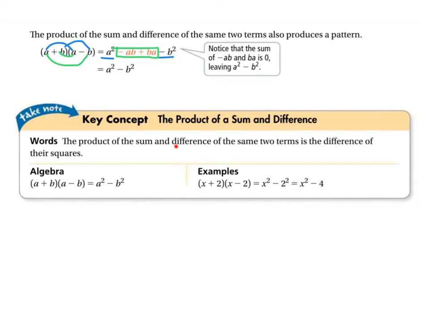The product of the sum and the difference of the same two terms, a and a, b and b, just one's being added, so it's a sum, and one's being subtracted, so it's a difference, is the difference of their squares. You square this term, 8x squared. You square this term, 4. And it's subtraction in between them because you have one sign of each. Okay, that's the rule. So let's now apply that to some problems.